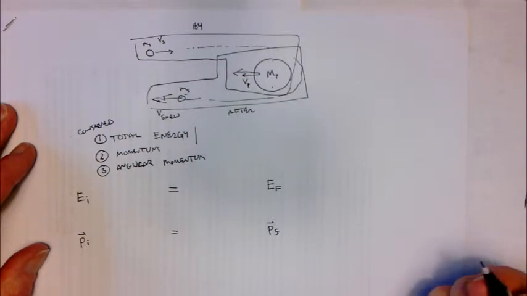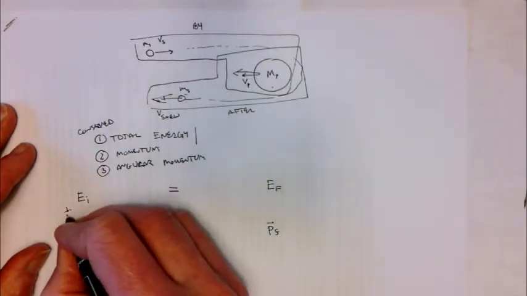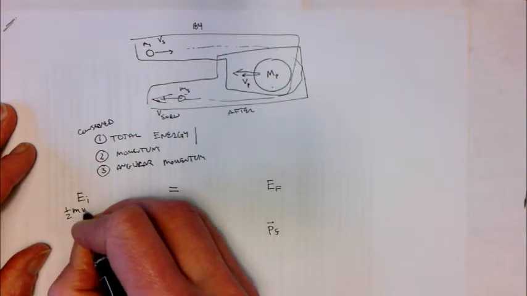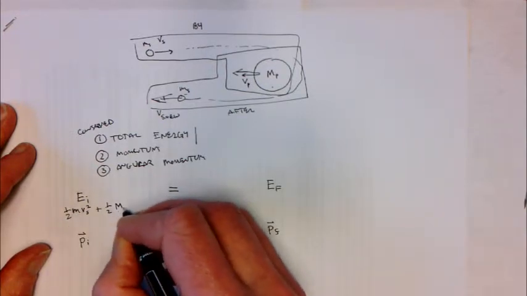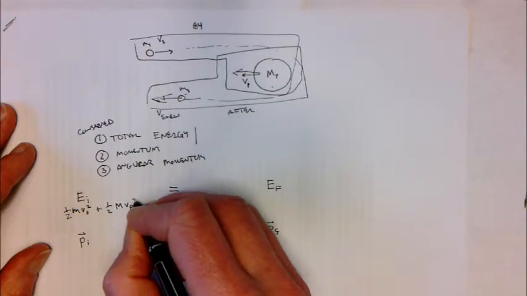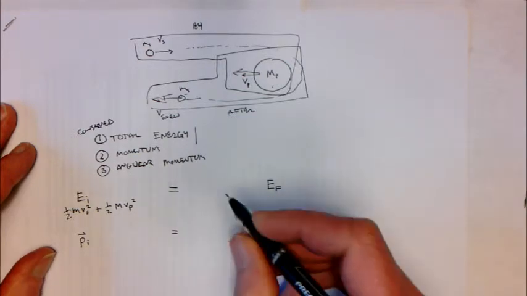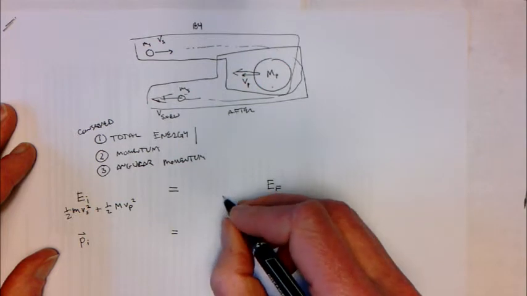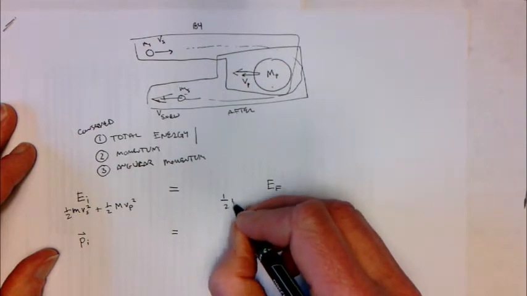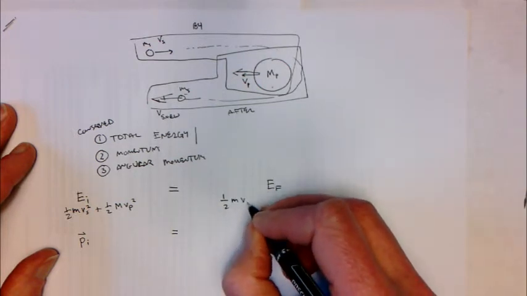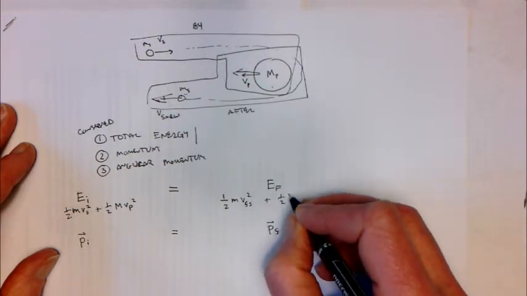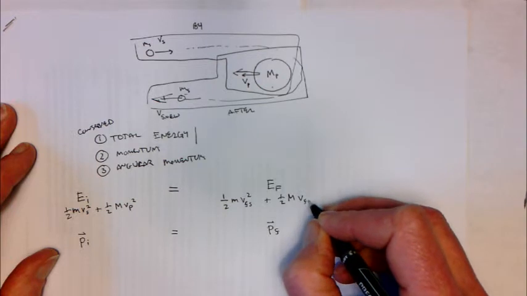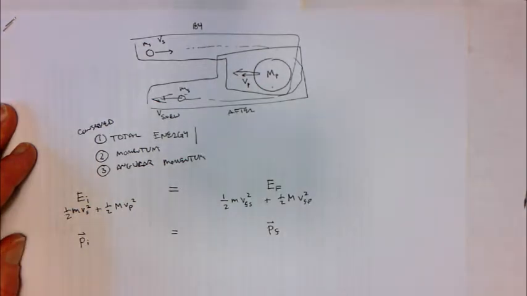My initial energy for the system is 1/2 the mass of the satellite times the velocity of the satellite squared plus 1/2 the mass of the planet times the velocity of the planet squared. And by the same token, the final energy is 1/2 the mass times the final velocity of the satellite squared plus 1/2 the mass of the planet times the final velocity of the planet squared.